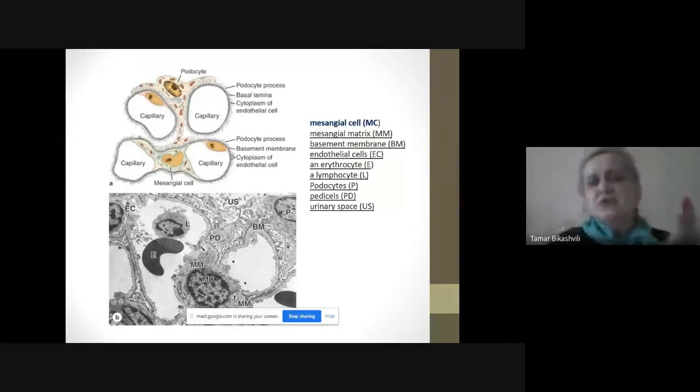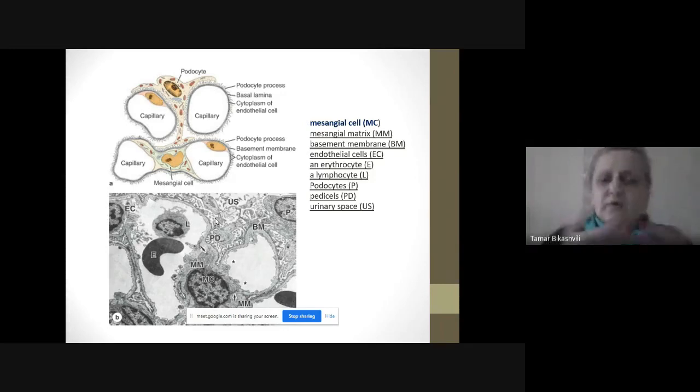So podocytes, we know, are cells located in the visceral wall of the capsule. And here, in between these cells, are located another type of cells, mesangial cells. With simple histological preparations, it's very difficult to find these cells.